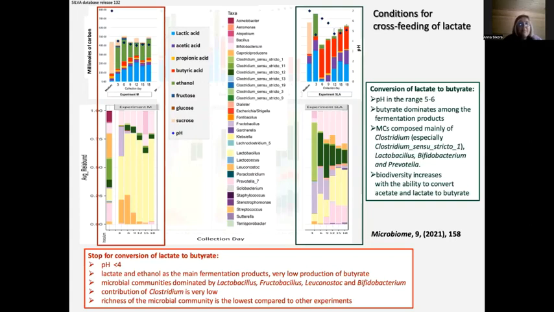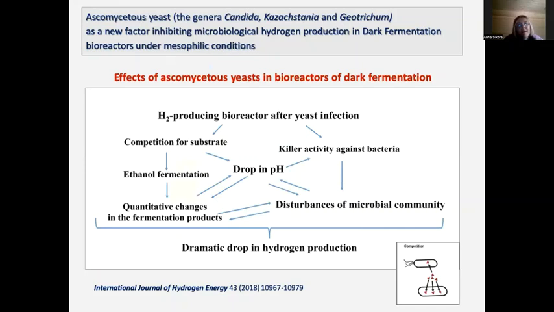So summing up the acidogenic step, the course of the microbial processes at the acidogenic stage of anaerobic digestion determines the efficiency of hydrogen production.